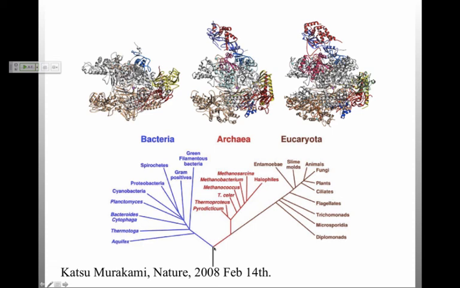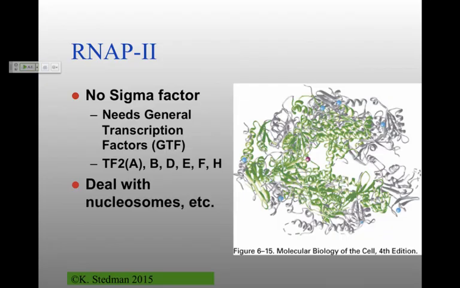Then bacteria went off by themselves. Archaea and eukarya are basically together before they split off, and probably that's where one of these RNA polymerases came from. So let's look at RNA polymerase II here really briefly. Again, this is basically the same structure, flipped around 180 degrees relative to the last one.